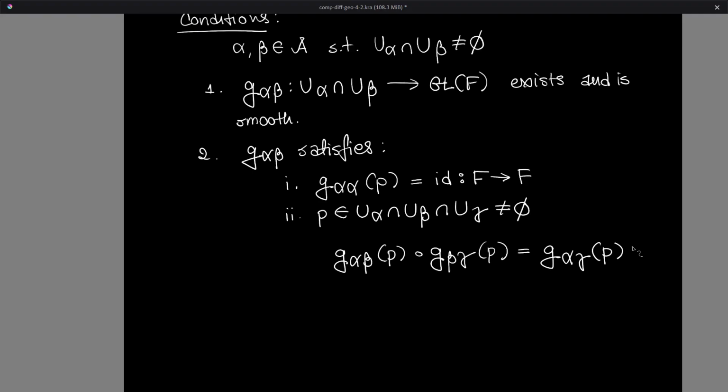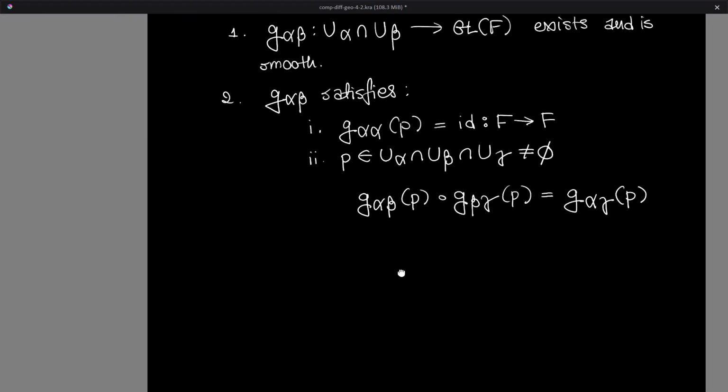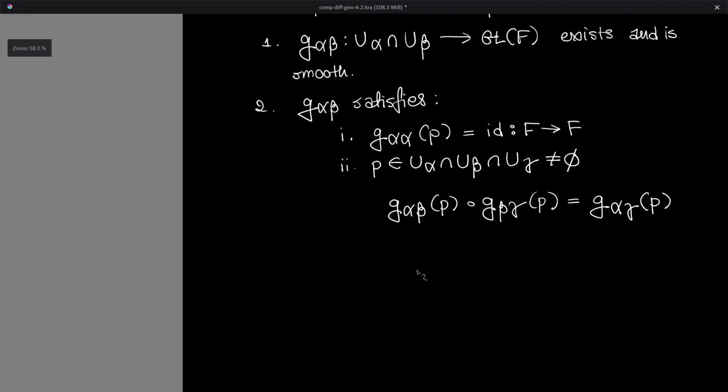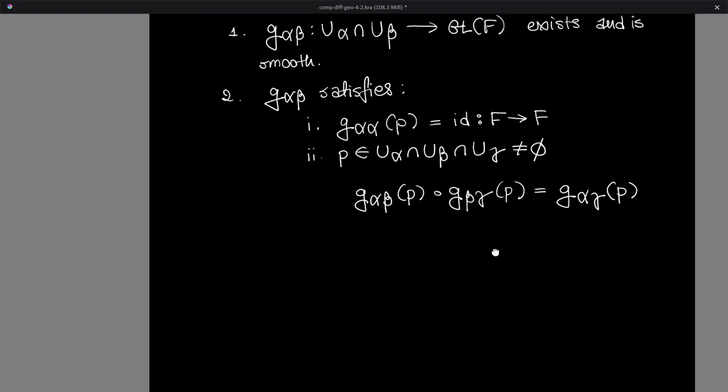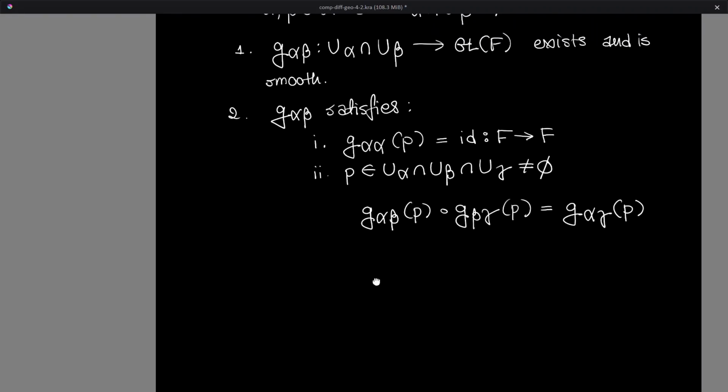So some sort of chaining property. If I go from the vector space indexed by alpha to the vector space indexed by beta, and then from the one indexed by beta to the one by gamma, it's the same thing as using the linear transformation that goes straight from alpha to gamma. That also seems to make sense.